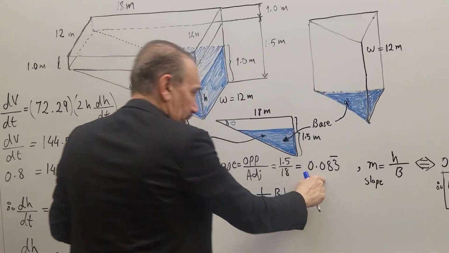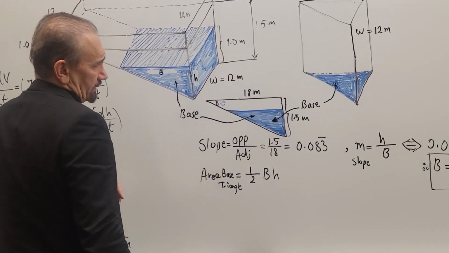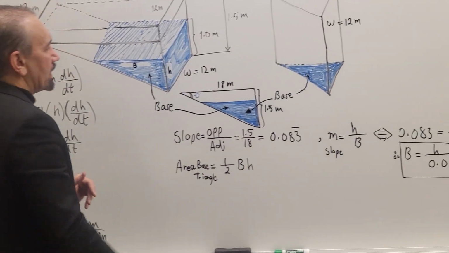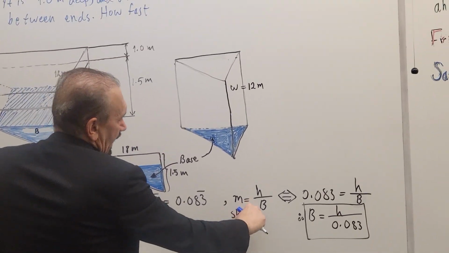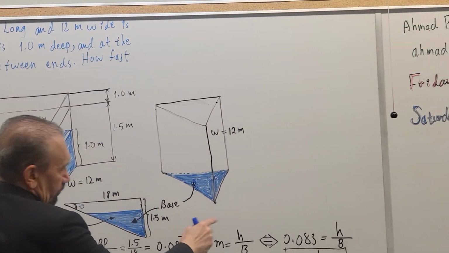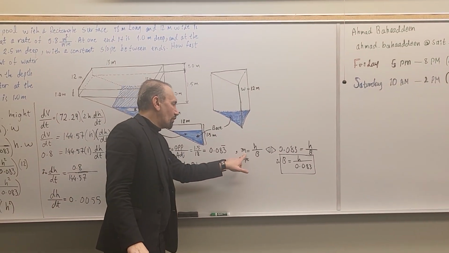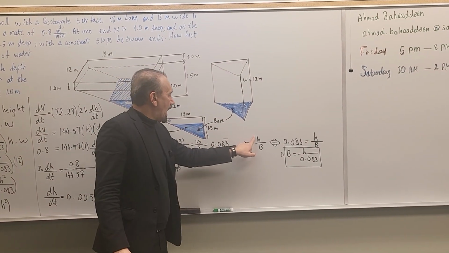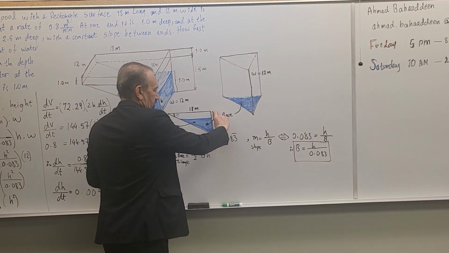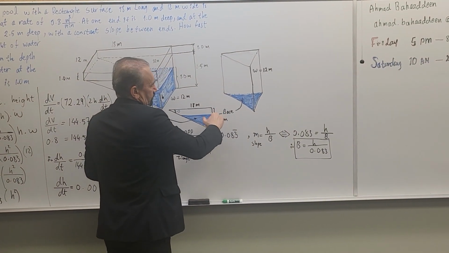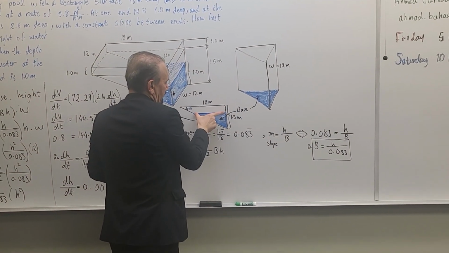So I have the slope, but I want to find the relation between the base and the height. I have the slope 0.083. I will write down that the slope equals the height over the base. This is the height, which is going to change, and this is the base, also changing.